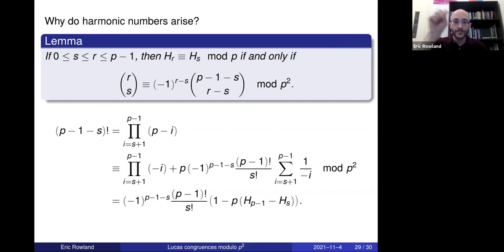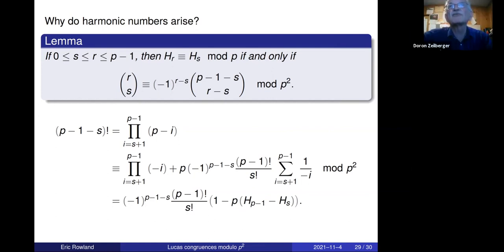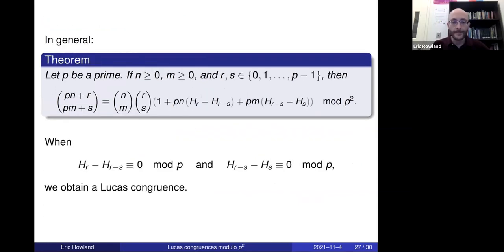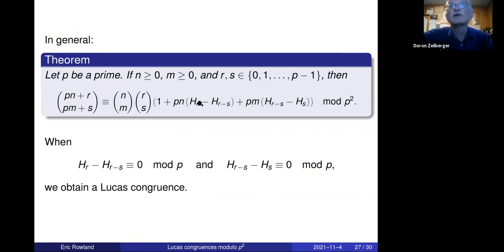So modulo p cubed, the three corners of the triangle work, and you can show that. That's equivalent to Jakob Stahl's result that I mentioned earlier. But for the more general statement where you had explicitly the harmonic numbers, that's valid for all R and S, right? Yeah, that's valid for all.